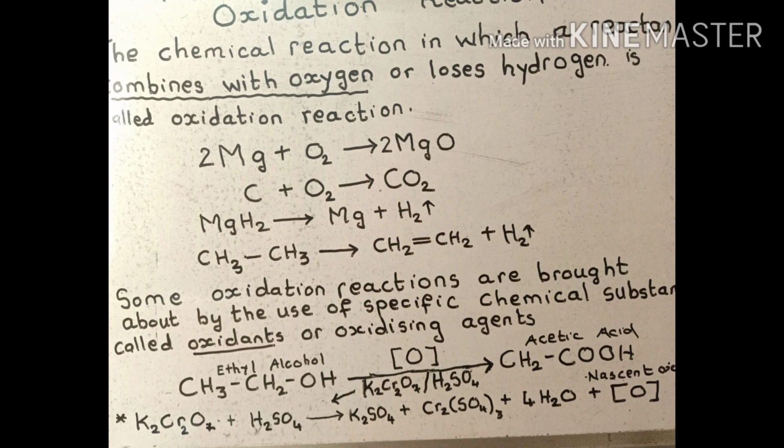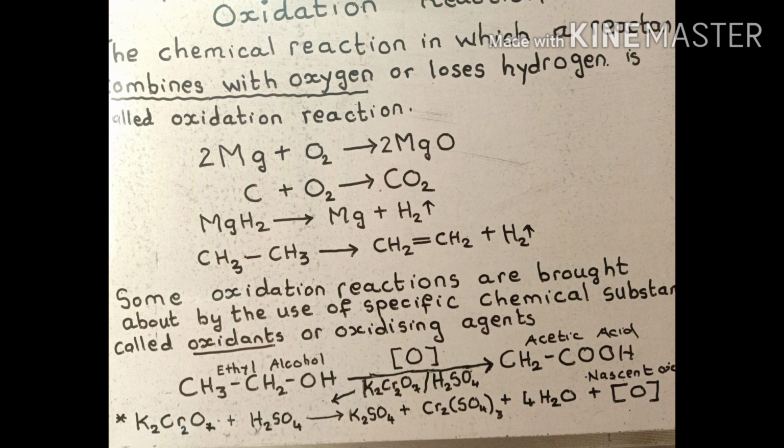Then the conversion of ethane into ethene. You will learn in the later chapters on carbon compounds how this forms. This is a hydrocarbon, one saturated hydrocarbon getting converted into an unsaturated hydrocarbon. Students, this you will learn later on. For the time being, only look at it as an example of an oxidation reaction.